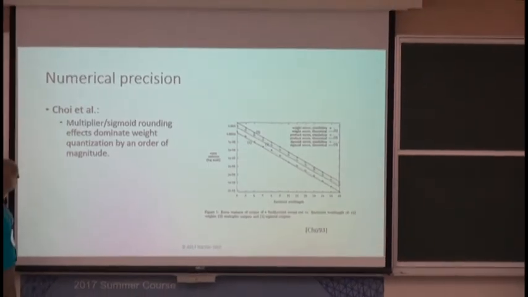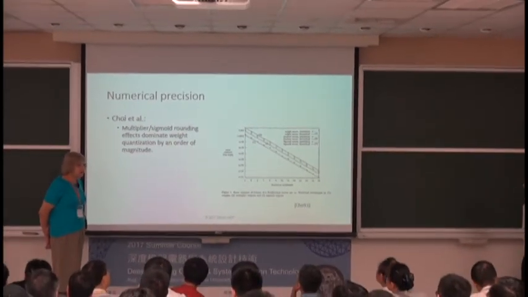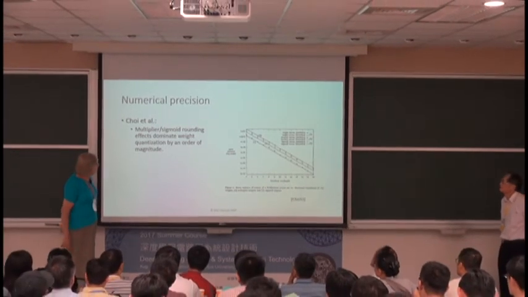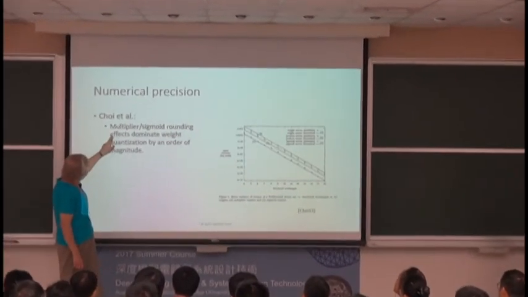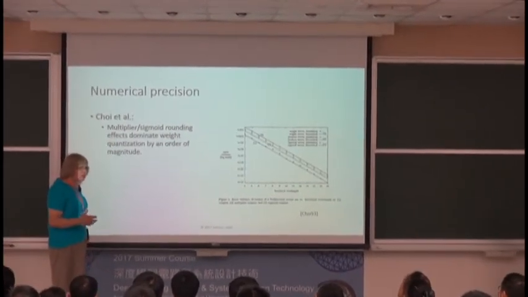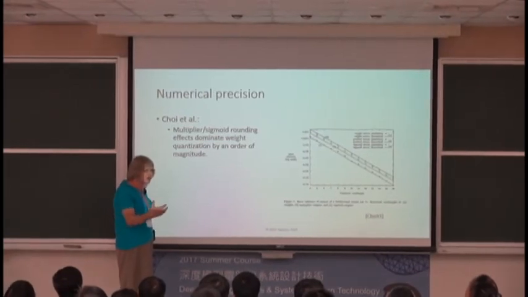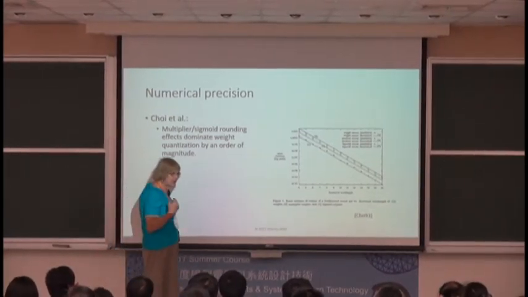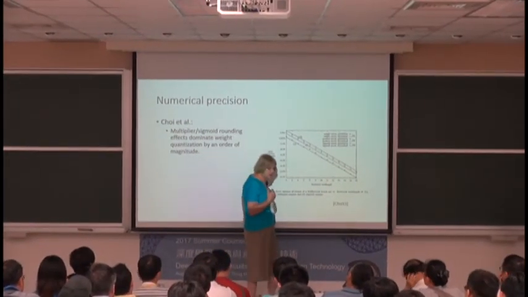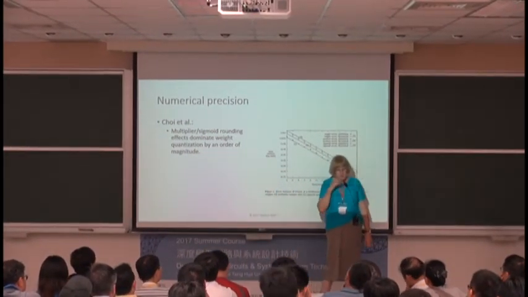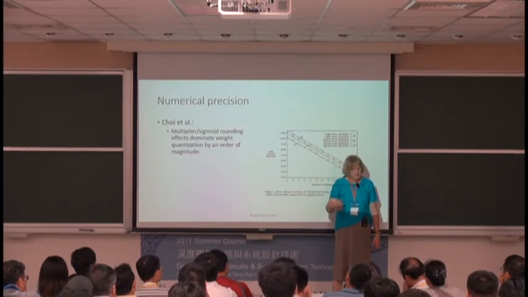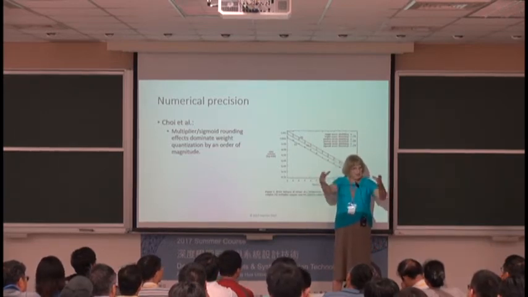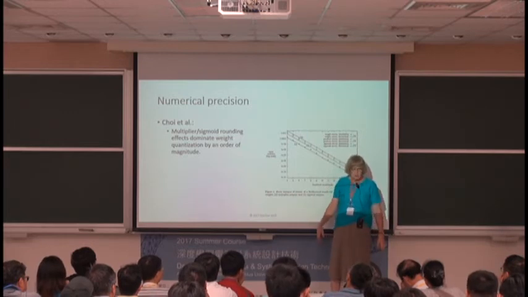You know, the weight quantization means basically how many bits you use to represent the weight, right? The rounding effects are determined by how much precision you have within the operation, right? So if we think back to our last set of slides when I talked about the methodology, we said that even if you have 8 bits coming in and 8 bits going out, you may need more precision in the middle, right?